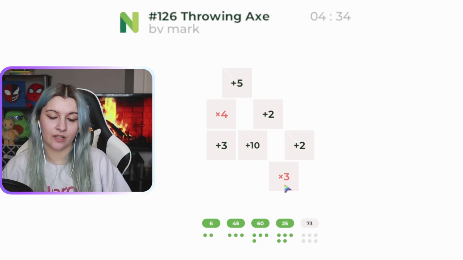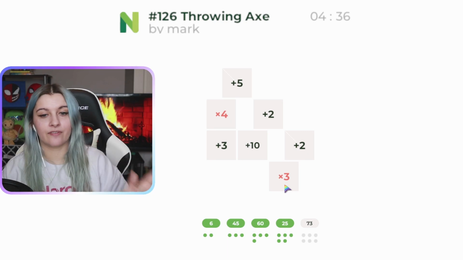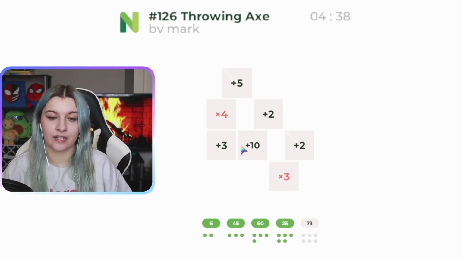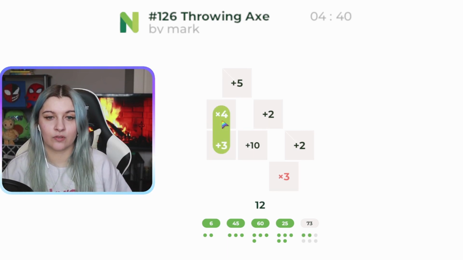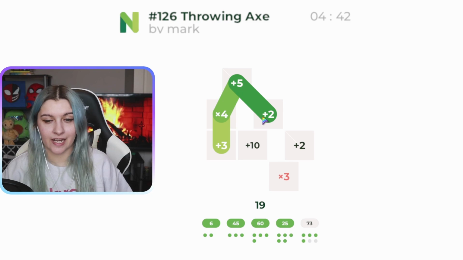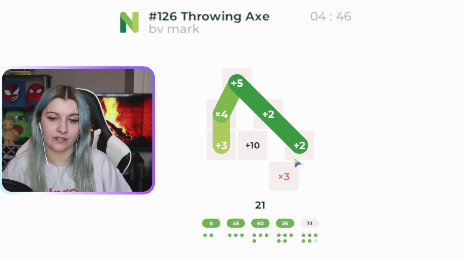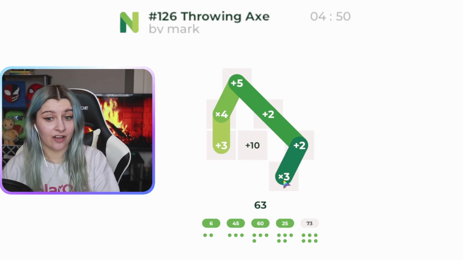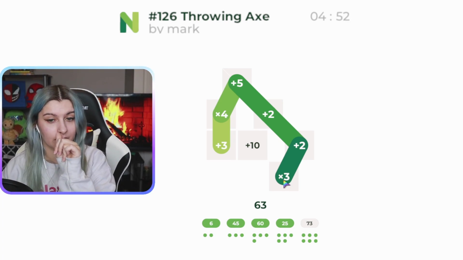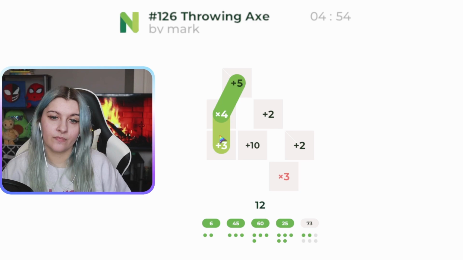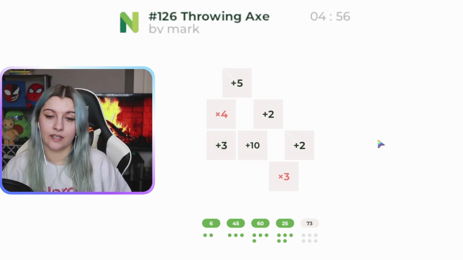What's the smallest number I could get if I go to both multiplications? I don't want to use the 10. So like 3 times 4 would be 12. 17, 19, 21 times 3. Oh, but then that's also all of my numbers. I could add 10 now and get 73, but I can only use 6 numbers. Okay, wait, that's interesting.